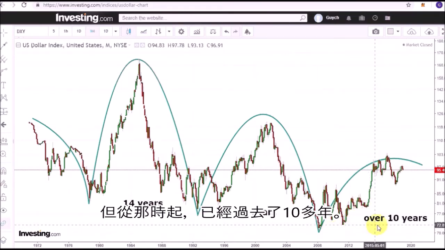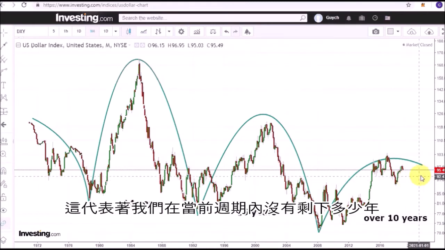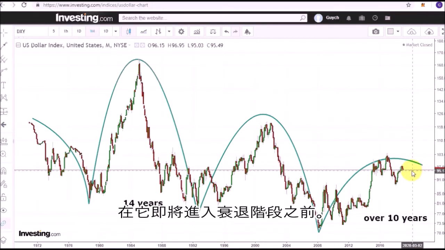But since then, over 10 years have already passed. And if the pattern of 15, 14, 16-year cycles continues, it means that we don't have that many years left within the current cycle before it has to enter its declining phase.